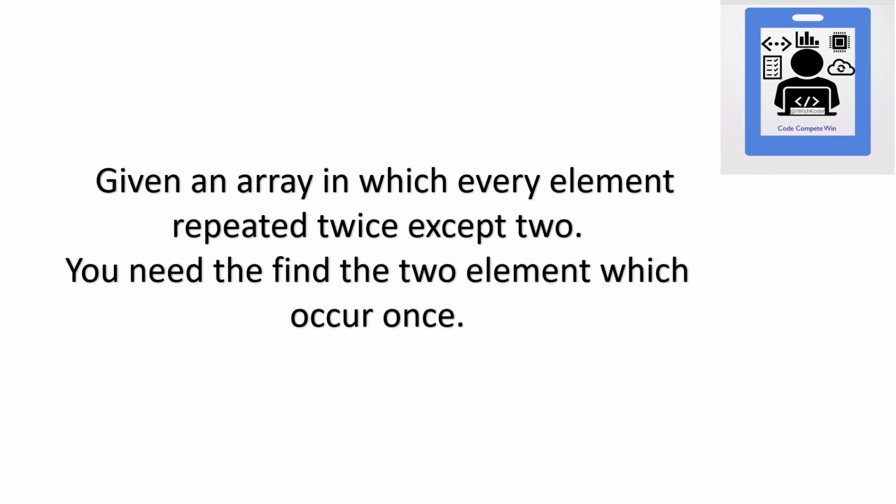Given an array in which every element is repeated twice except two elements, you need to find the two elements which occur once. One approach to solve this question is to find the count of every element and at the end return the element whose count is 1. We can use the bitwise operator XOR to solve this question.